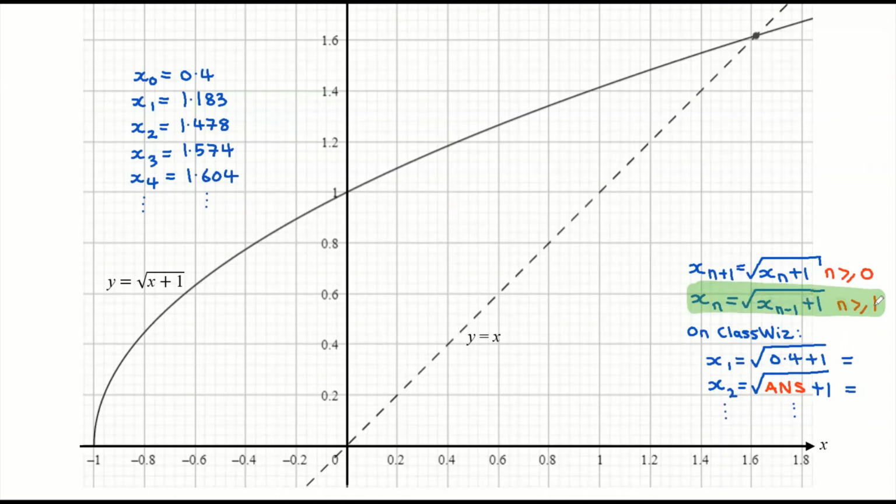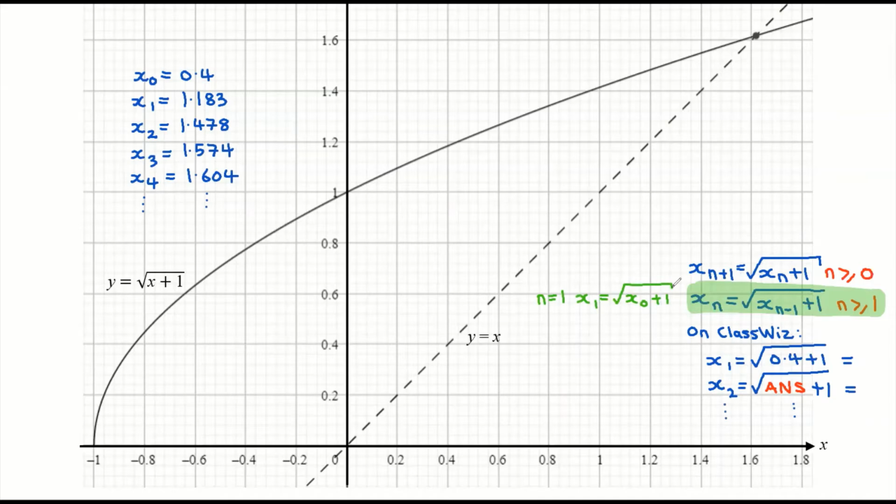If you substitute in n is equal to 1 as the first valid entry, you would generate x1 is equal to the square root of x0 plus 1, which would indeed work because we know that x0 is, of course, 0.4.